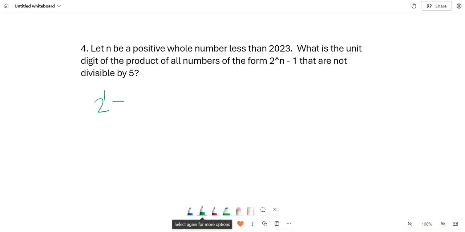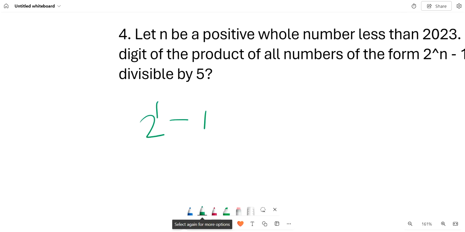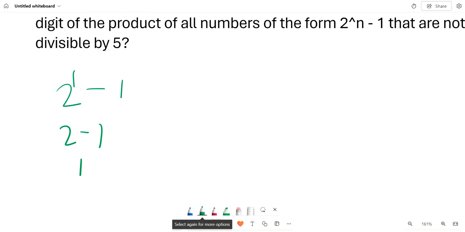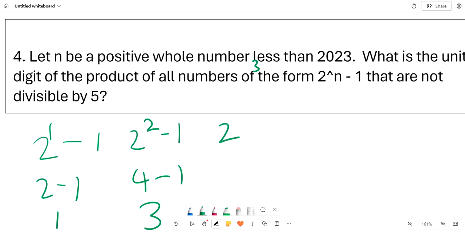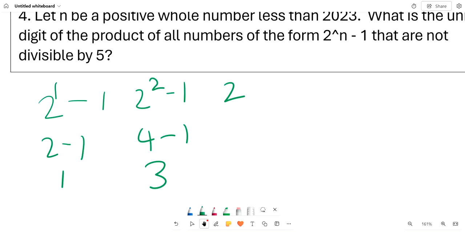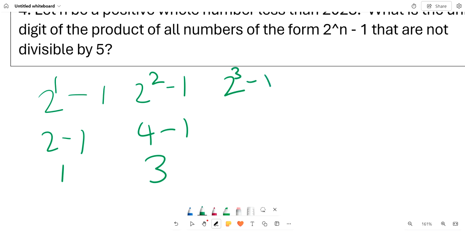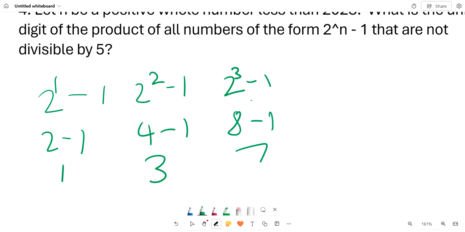So 2 to the 1 minus 1, that's just 2 minus 1, that's just 1. 2 squared minus 1, that's just 4 minus 1, which is 3. 2 to the third, my bad, 2 to the third minus 1, that's just 8 minus 1, which is just 7. 2 to the fourth minus 1, that's just 16 minus 1, and that's just 5.